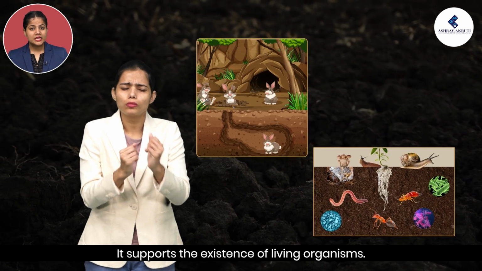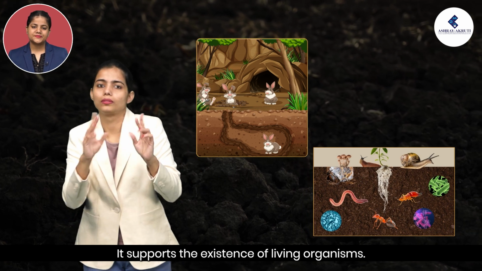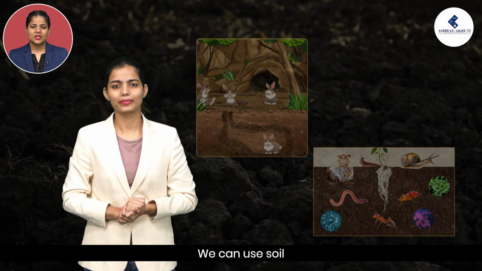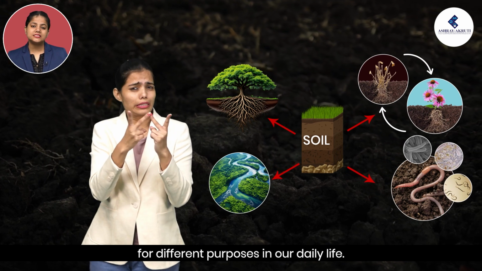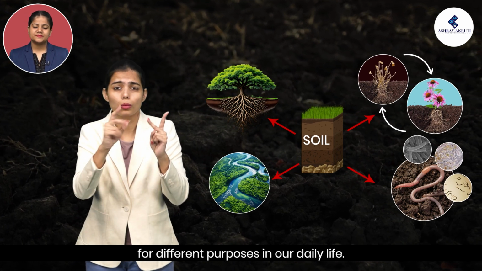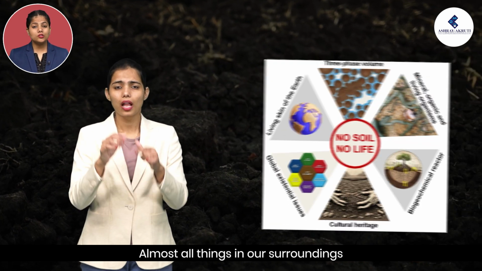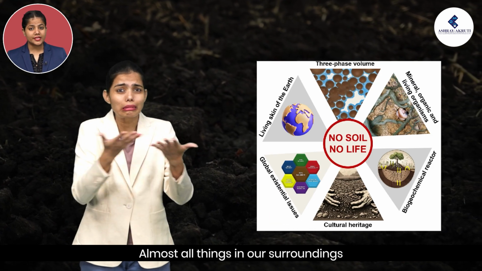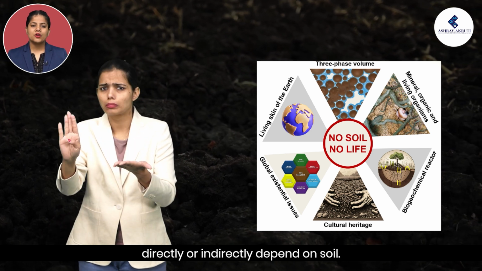It supports the existence of living organisms. We can use soil for different purposes in our daily life. Almost all things in our surroundings, directly or indirectly, depend on soil.